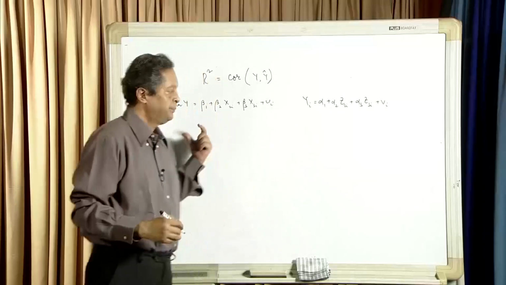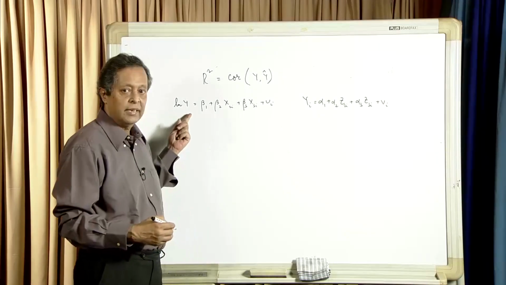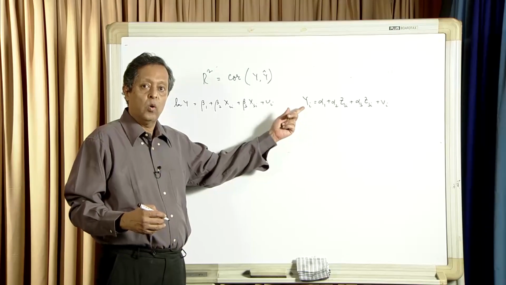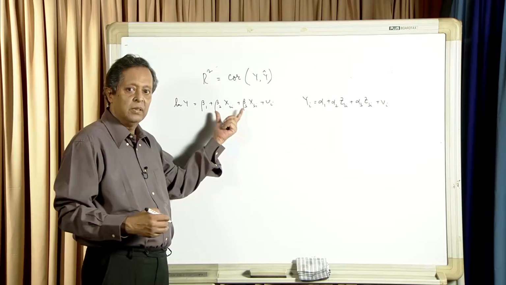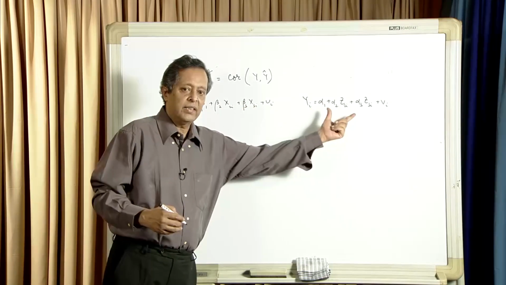The structure is the same as in the classical linear regression model, but here the explained variable is log y, whereas here the explained variable is only y. Explanatory variables are also x over here and z here.